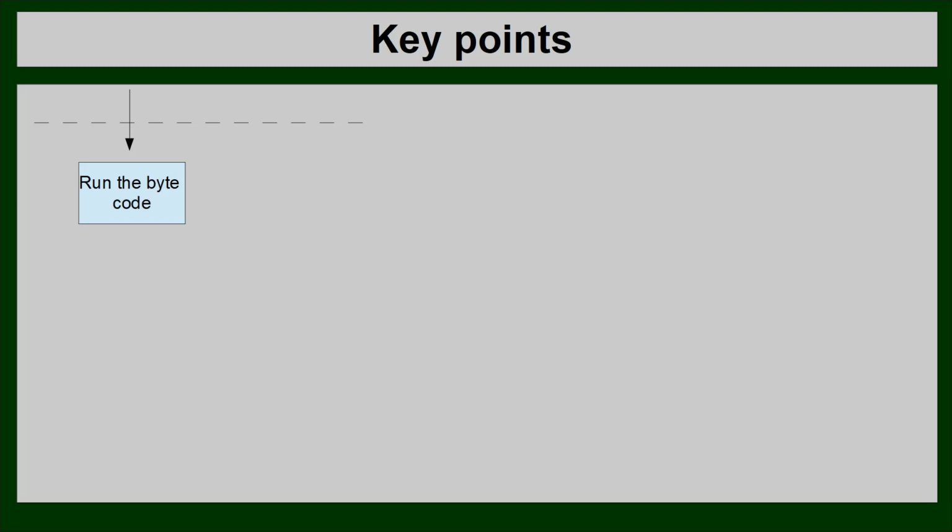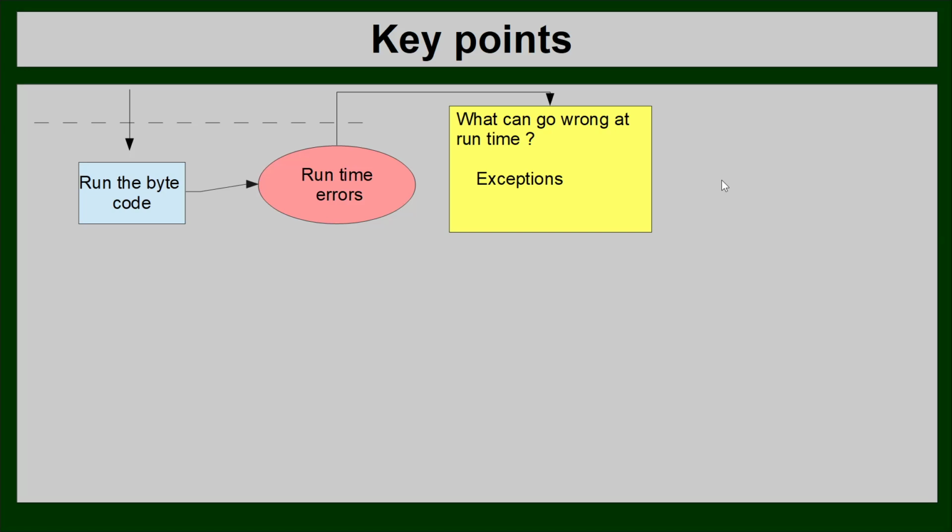Runtime means it will execute each line of code, so things will be printing out in your console until it hits a runtime error. There might be an error that it encounters while it's running your code, and then this error will create an exception object, which you can use to do all sorts of things.